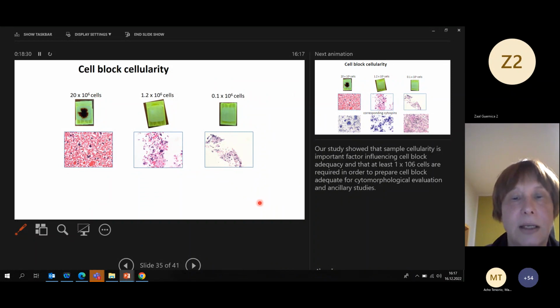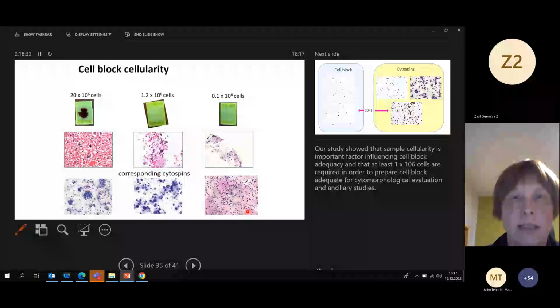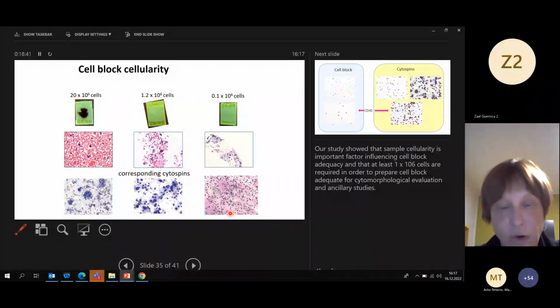What is interesting is that even in a low cellular sample, you can prepare adequately cellular cytospins, or at least a few of them.